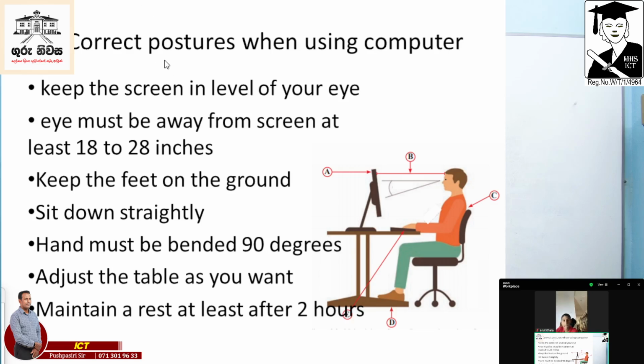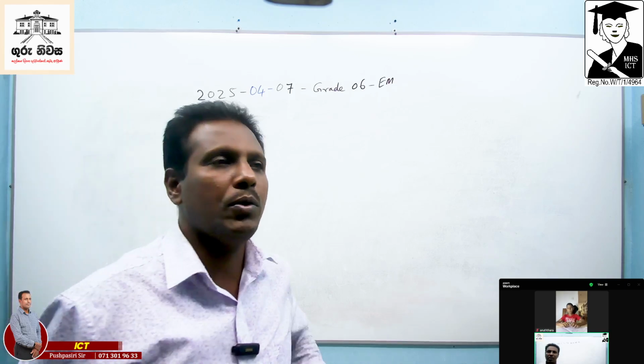Correct posture when using computer. So when you are going to the computer lab, first we studied how to switch on the computer.